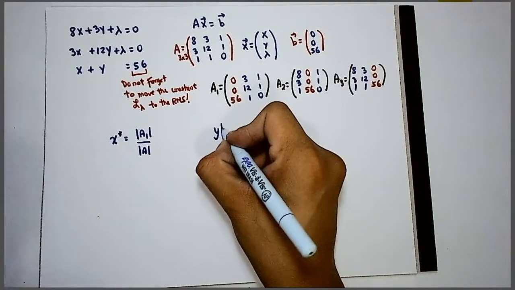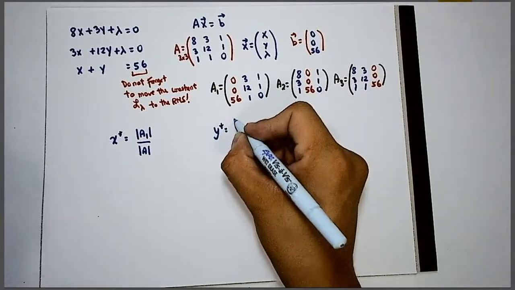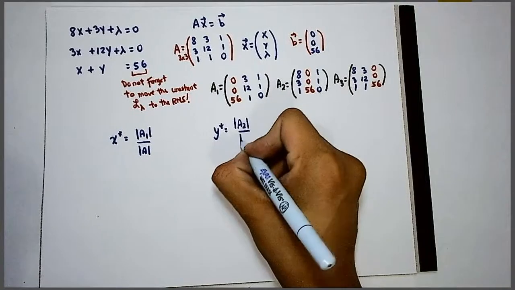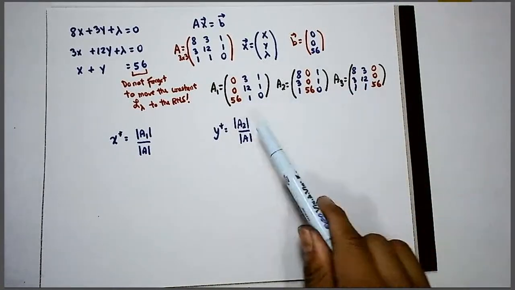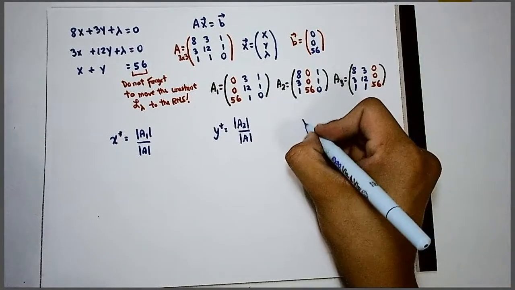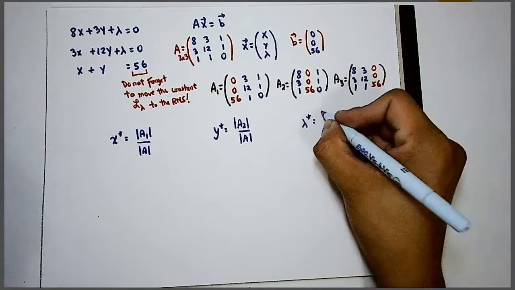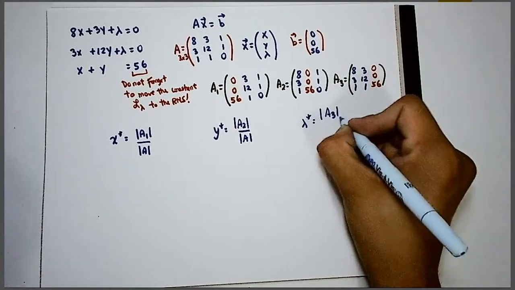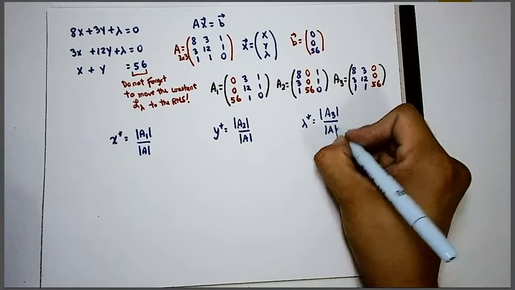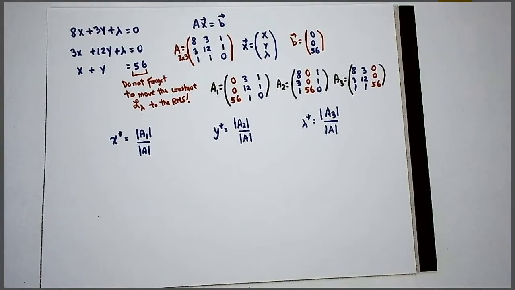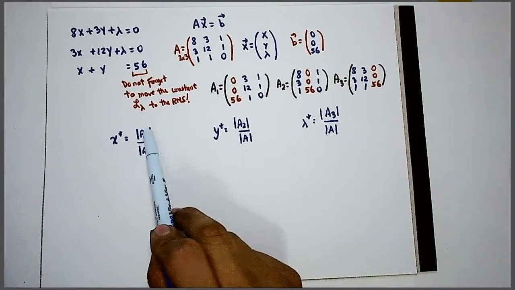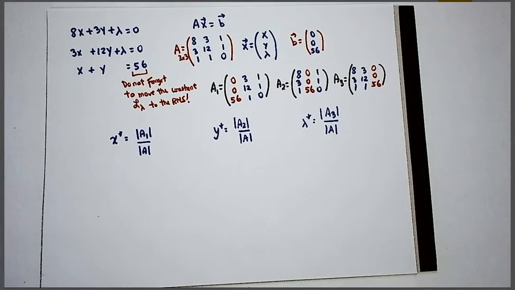For the case of y, which is the second term, we use A sub 2, and for the case of lambda, it is the third submatrix. So let's find on another paper the determinants of A sub 1, A sub 2, and A sub 3.